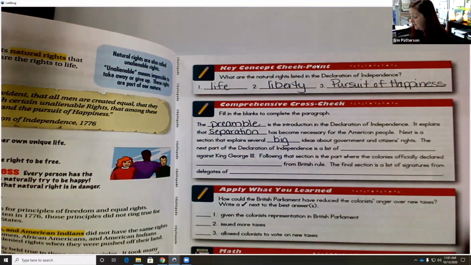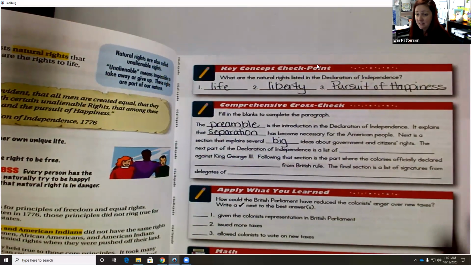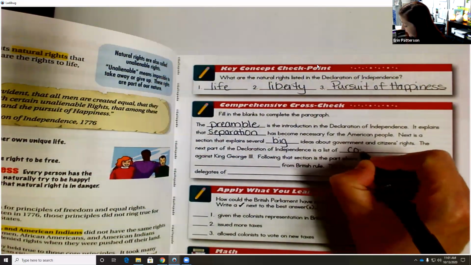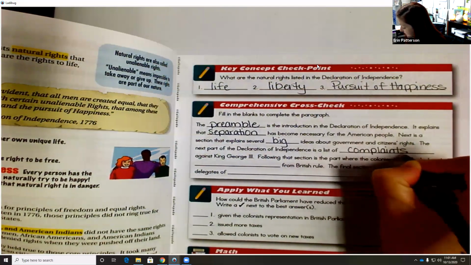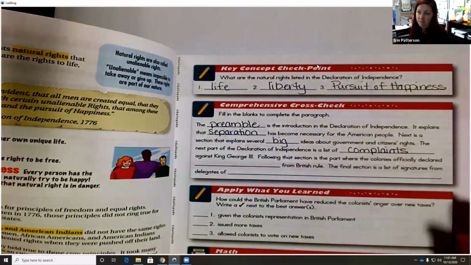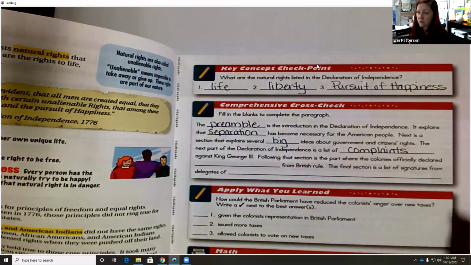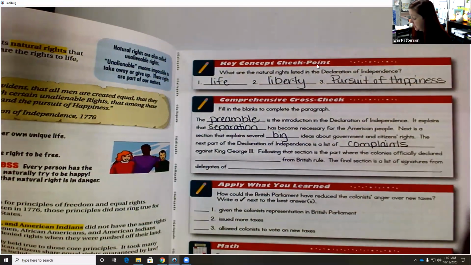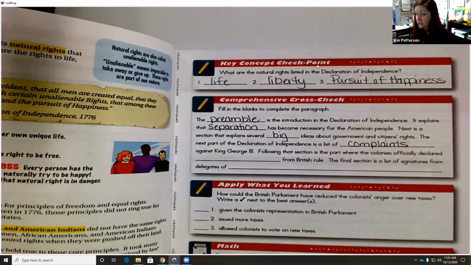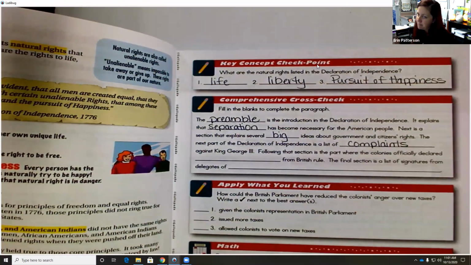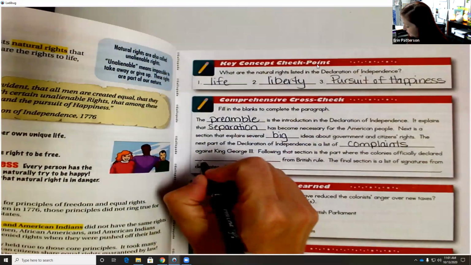The next part of the Declaration of Independence is a list of grievances or complaints against King George. I'm going to put complaints because I think we understand complaining better than grievances, but those words are synonyms. Following that section is a part where the colonies officially declare independence from British rule.